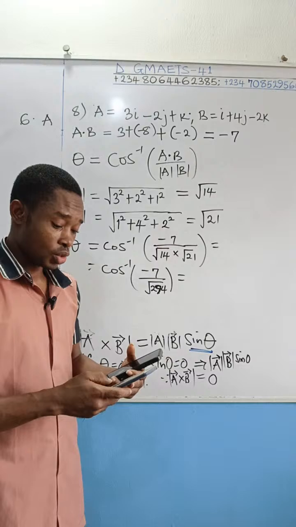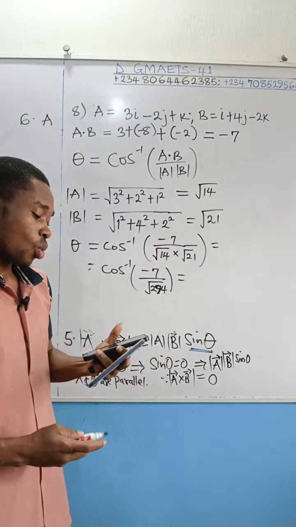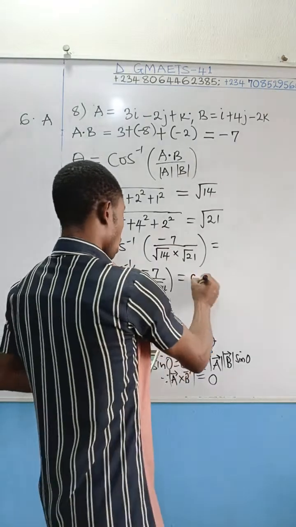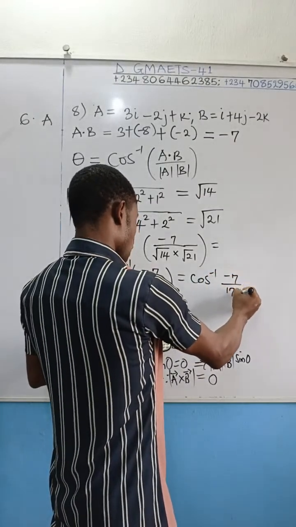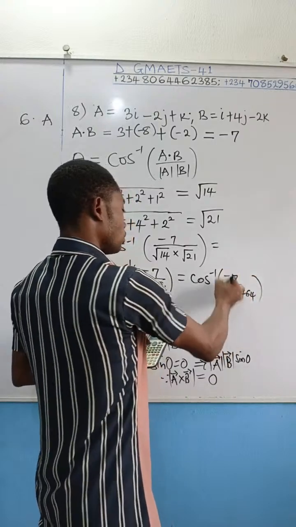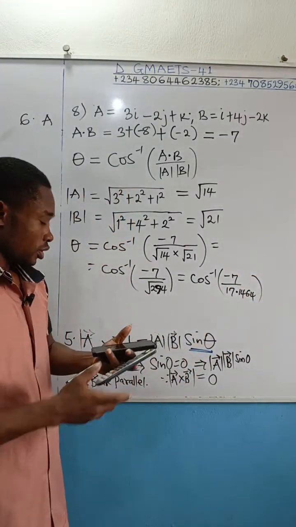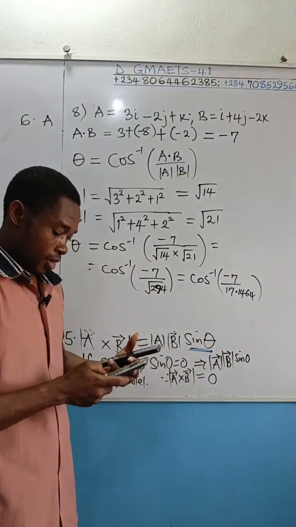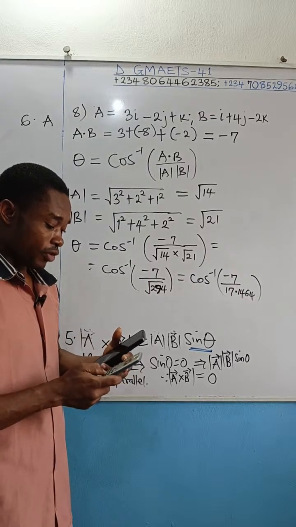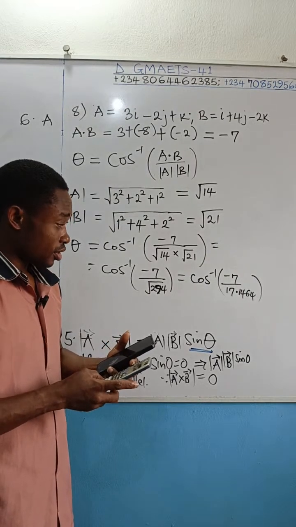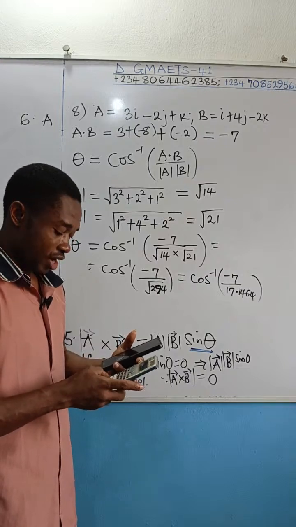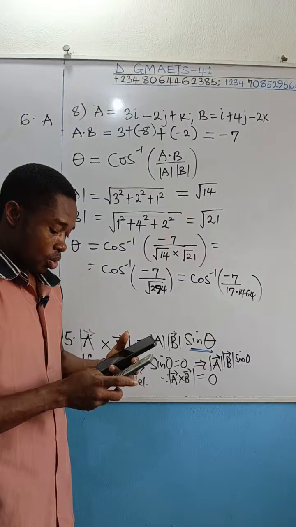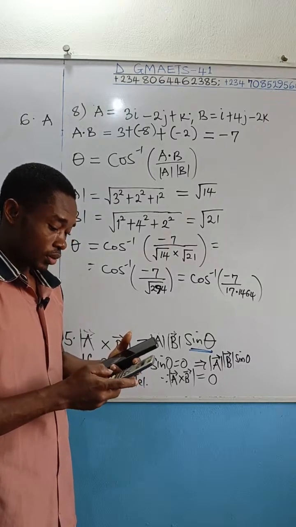You see what you're going to get is 17.1464. So cos inverse of minus 7 all over 17.1464. So I can now go for the cos inverse of minus 7 divided by 17.1464.